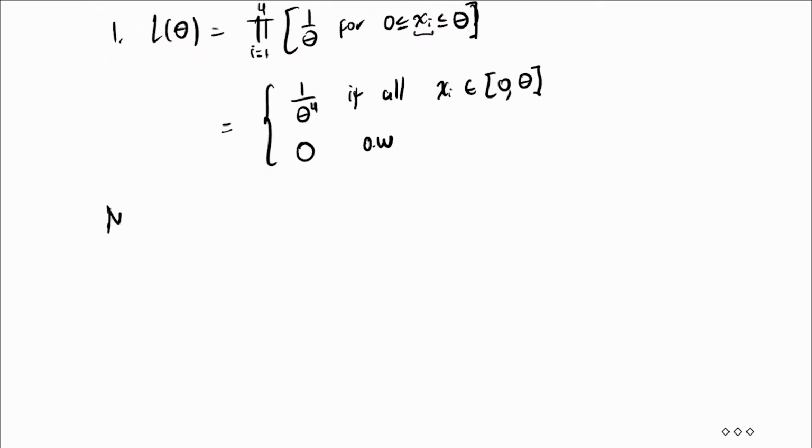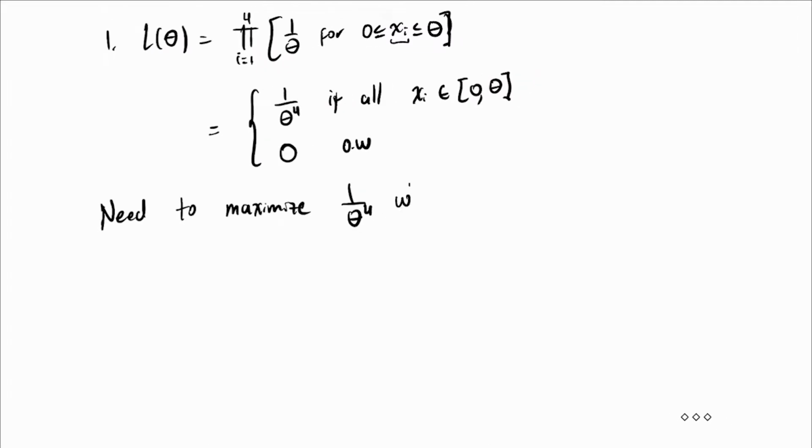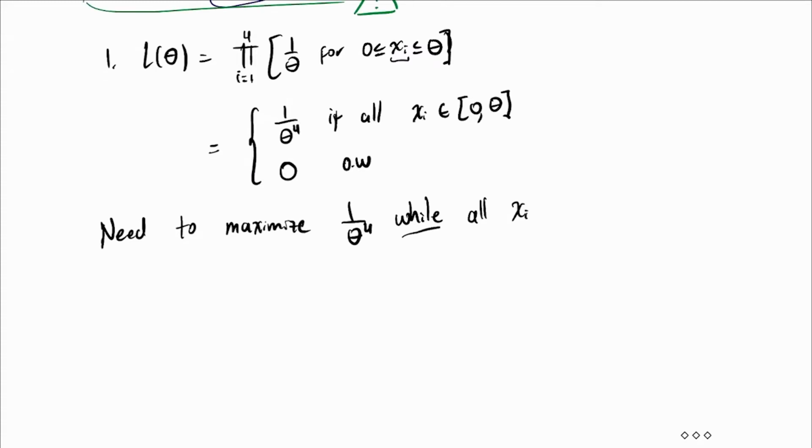What we have to do is to maximize 1 over theta to the 4, while it is important that all the random samples are between 0 and theta, right?